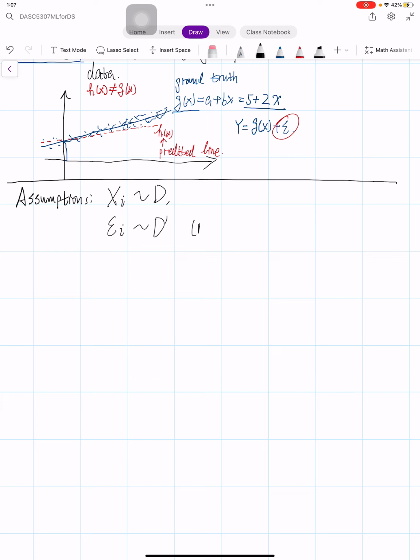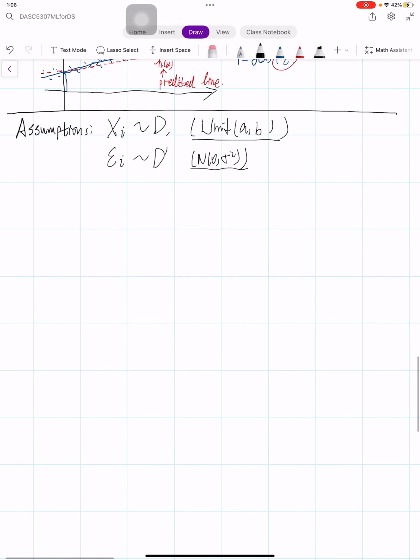You can think this is normal with mean 0 and variance sigma squared. You can also think this is maybe from a uniform distribution with some range. This is just an example. Okay, and our observed y is generated based on the assumption that we have the ground truth function g(x_i) plus some error terms.